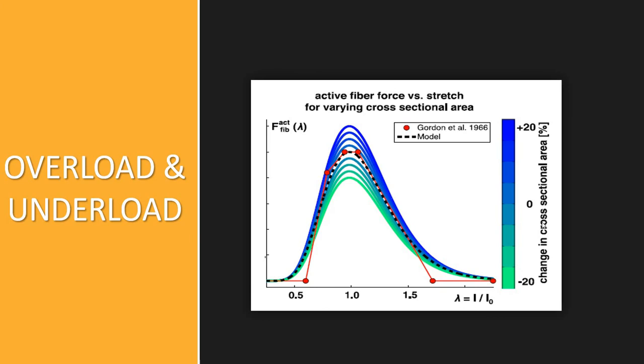Underloading a muscle, in this teal colour, results in a downward shift in this curve here. So this is where we start to detrain our muscles. The active force shifts downwards here, so we simply can't produce as much force as we could previously.